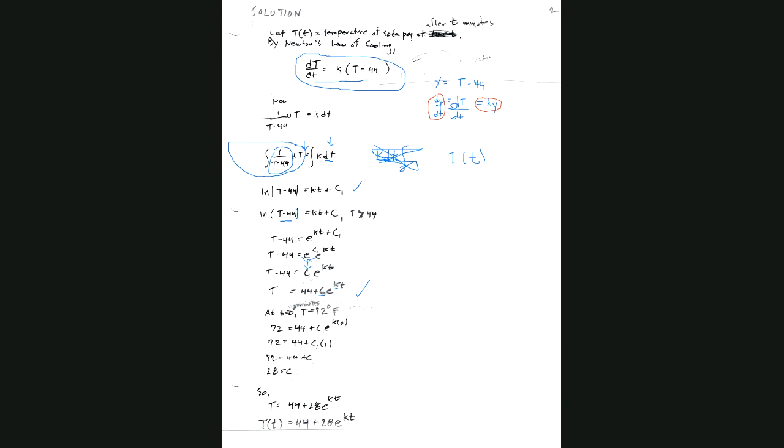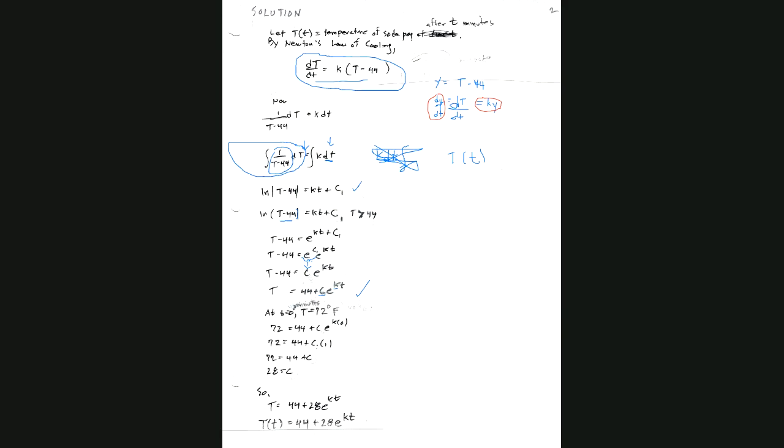What about initially at t equals 0? That's right, Gabriel and John. The soda pop is equal to 72 degrees Fahrenheit. So we can put in 72. That corresponds to t equals 0, and we can solve for c.